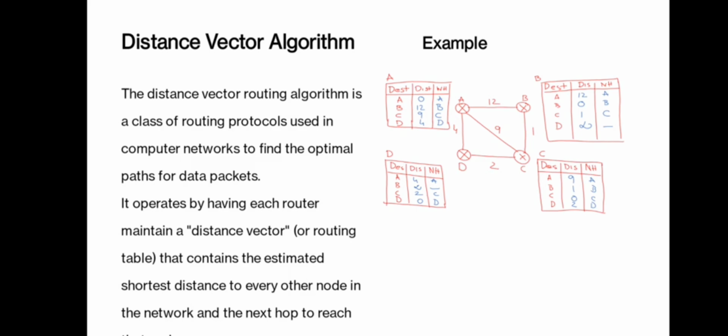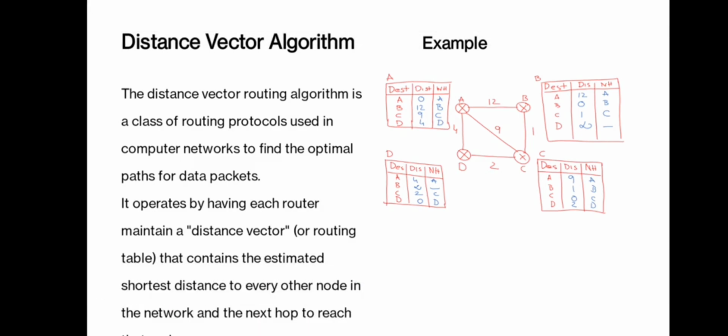In that example, first A's routing table means destination A, B, C, D. A to A distance is 0 and the next hop is A, and A to B distance is 12 and the next hop is B, and A to C distance is 9 and next hop is C, and A to D distance is 4 and next hop is D.